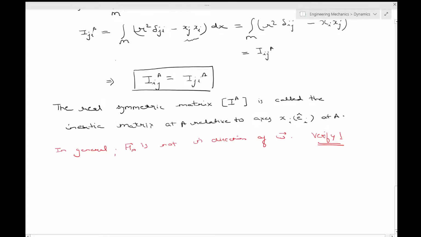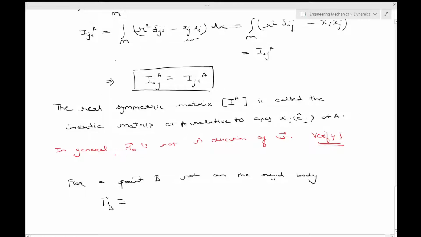Now if you do happen to have a point B which is not on this rigid body, you can write H_B equal to r_CB cross m v_CB.